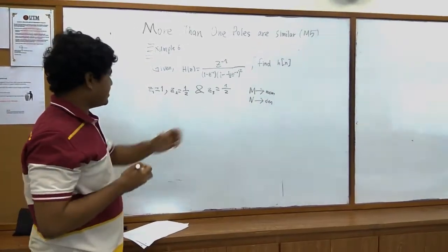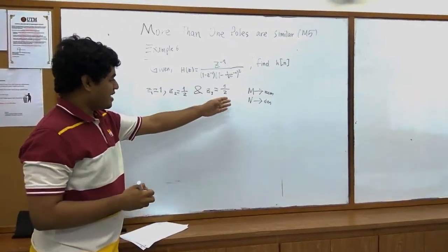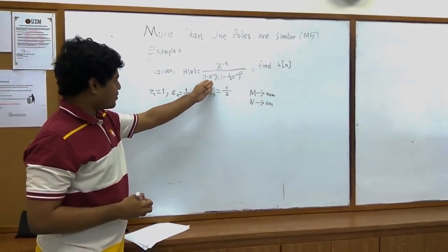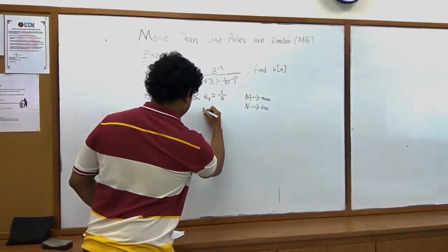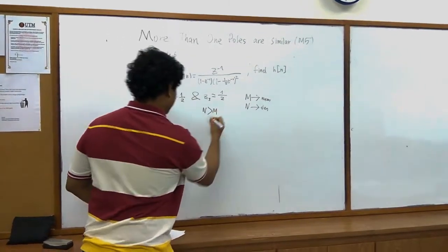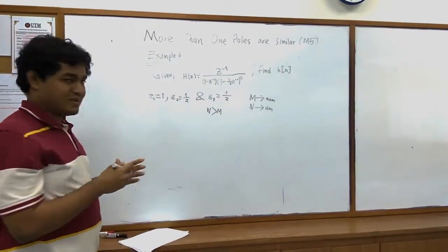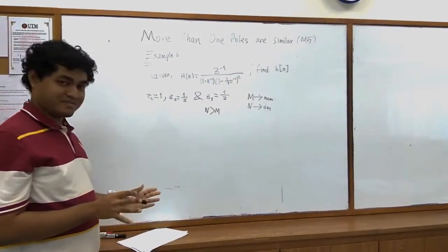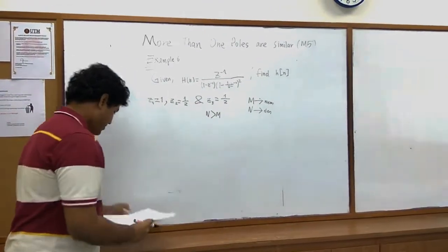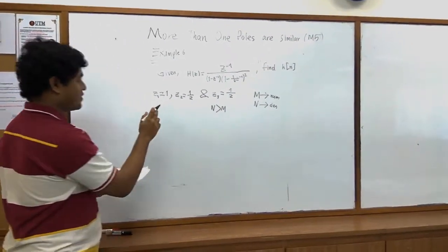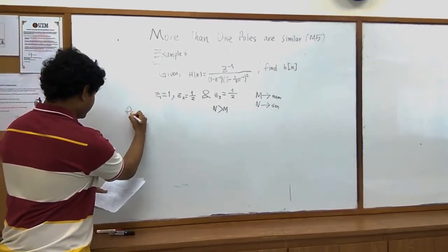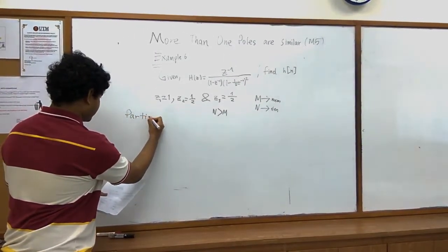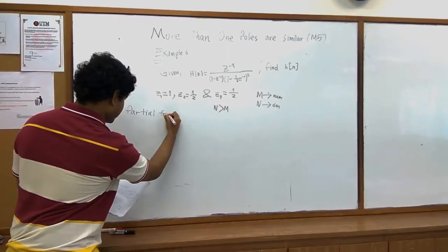When you look at this question, you can see that n is greater than m, so the denominator has higher order than the numerator. If this is the case, you don't even have to think about long division. Before we do anything, we must use partial fractions. So let's do this.